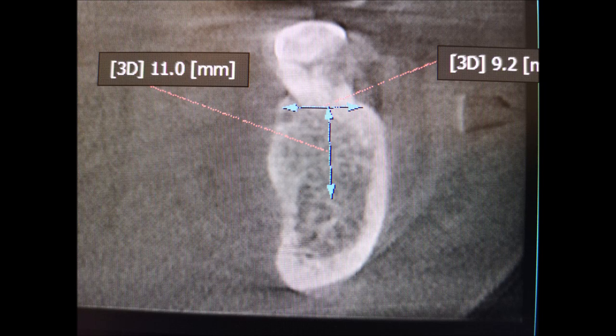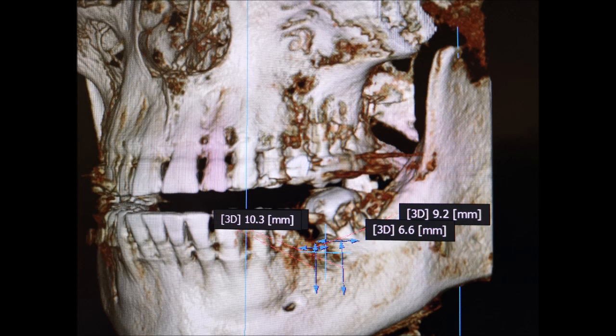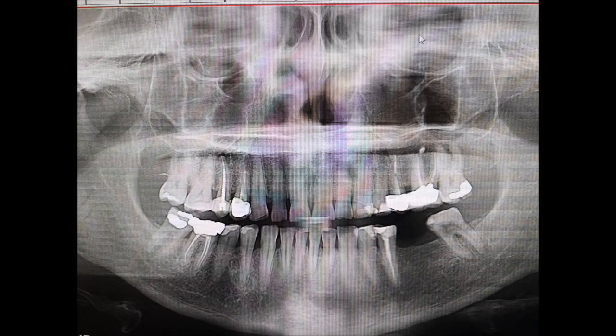Clinically, we have mobility in the second mandibular molar, and radiographically there is radiolucency around the second molar. The decision was to make extraction and immediate implant placement.